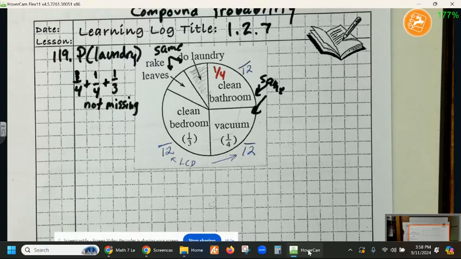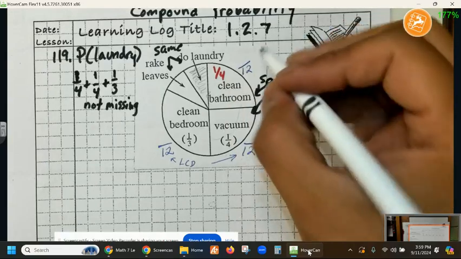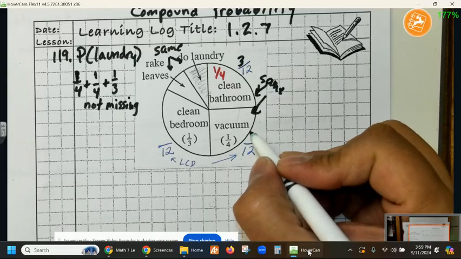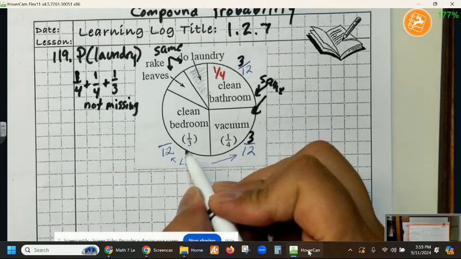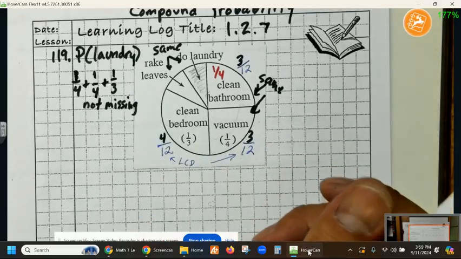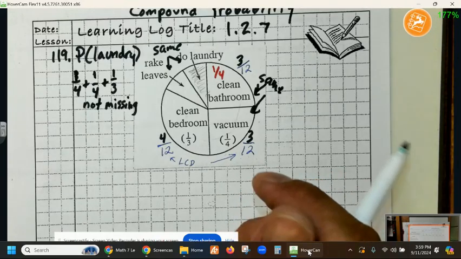All right, so we start with the 1/4. We have times 3 times 3, that gives us 3/12. 1/4 again, and then 1/3, that's 4/12.